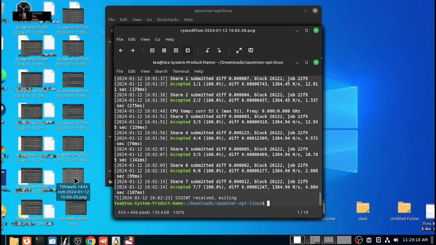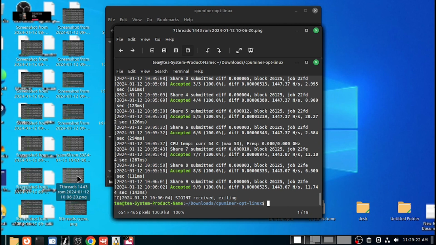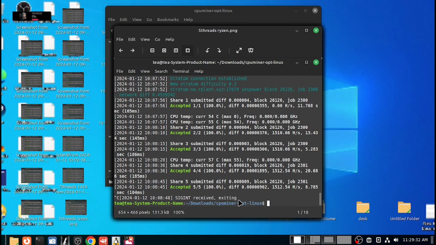Okay, this one, I decreased the amount of threads. And look at my hash rate. It went up. This is only using 7 threads. And then dropped it down to 5 threads. And look at that, 1512.54 hash per second.